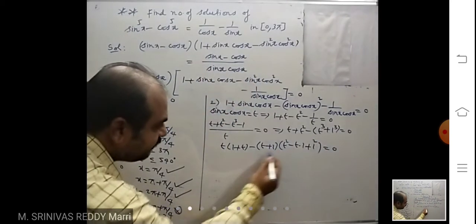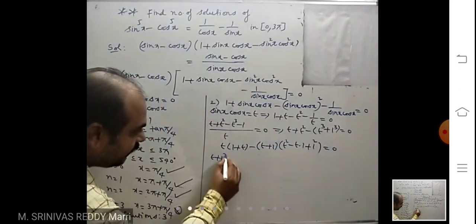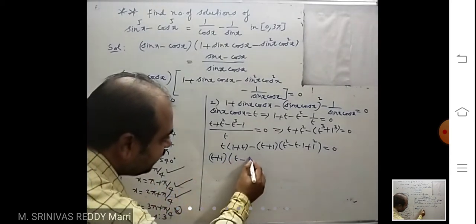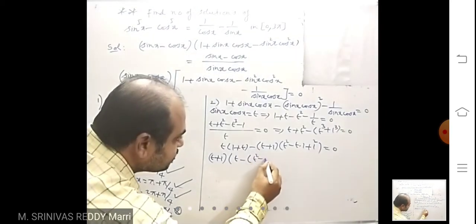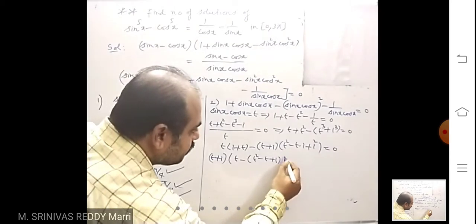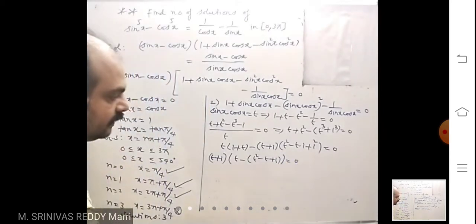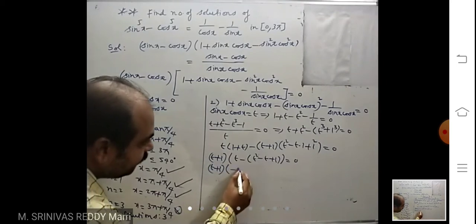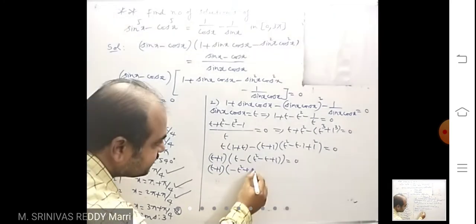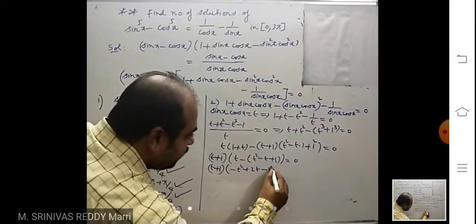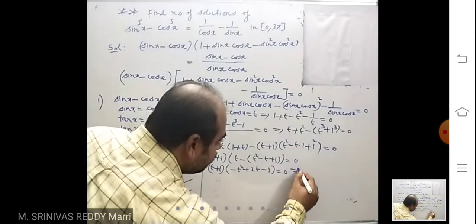Now out of this, t plus 1 take common. You will get t plus 1 into t minus of t square minus t plus 1 equal to 0. Now this will give rise to t plus 1 into minus t square plus 2t minus 1 equal to 0.